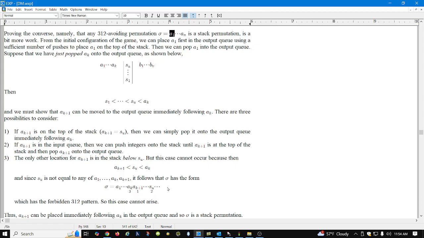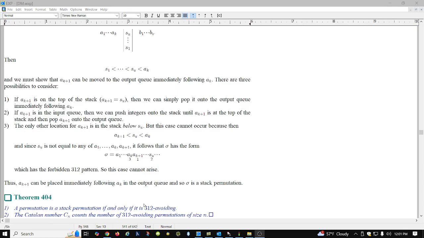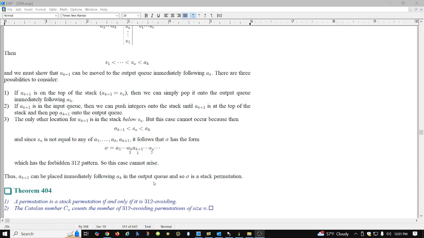So this case is not possible, because we're assuming that sigma is 3-1-2 avoiding. So we have shown that AK plus 1 can be placed immediately following AK in the output queue, and so sigma is a stack permutation.